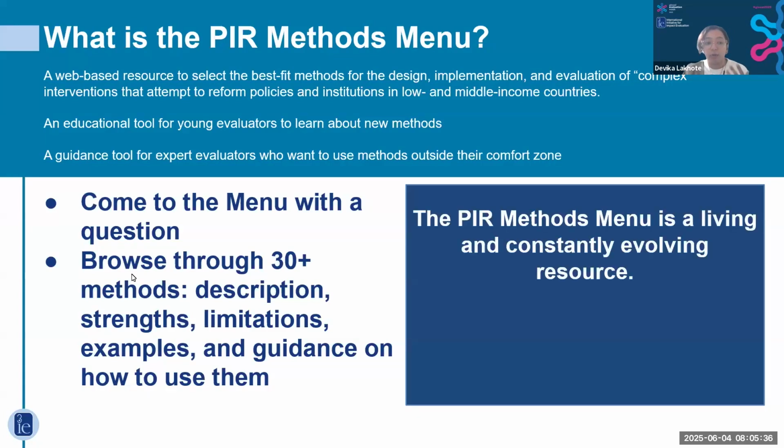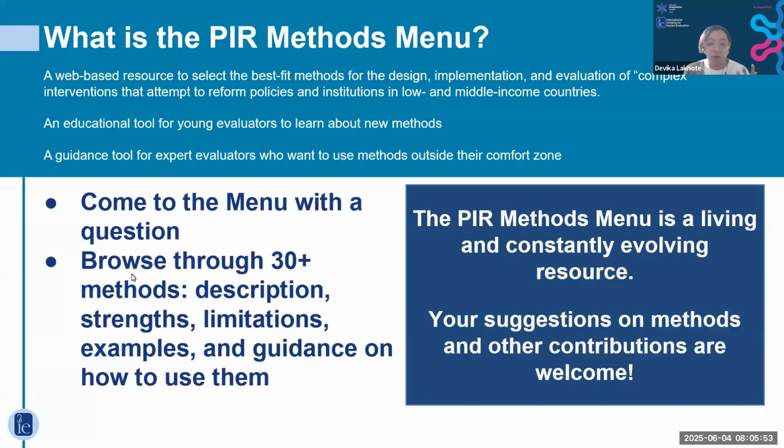They're able to discover new methods that maybe otherwise they would not use or not think of, or compare and contrast different methods that they wouldn't have thought of before. It's a living and constantly evolving resource, and we want your contributions and suggestions on what methods are missing, what we can add to the menu to make it even richer and more useful for everybody.